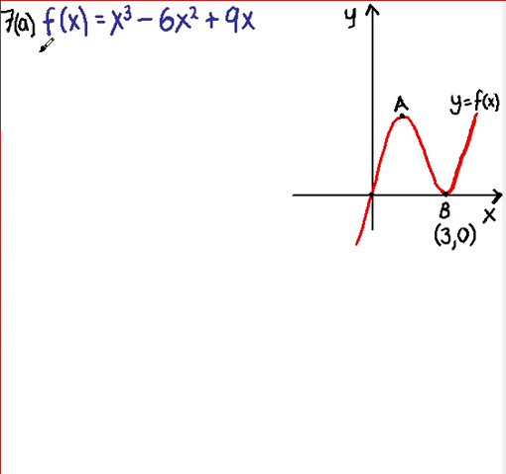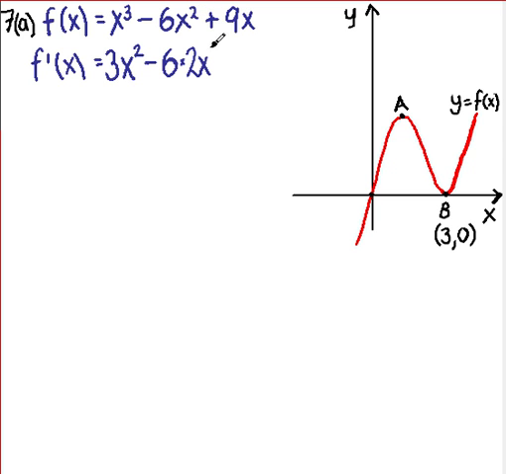So differentiating our function, that will be f dashed x, the differentiated function, equals 3 comes down to multiply, so that's 3x, take away 1 from the index, squared. Then we have minus 6, and that's multiplied by 2 coming down in front of the x.